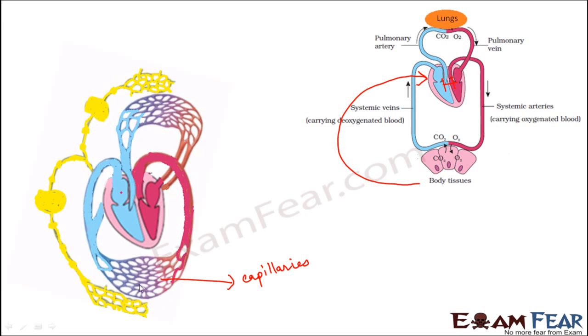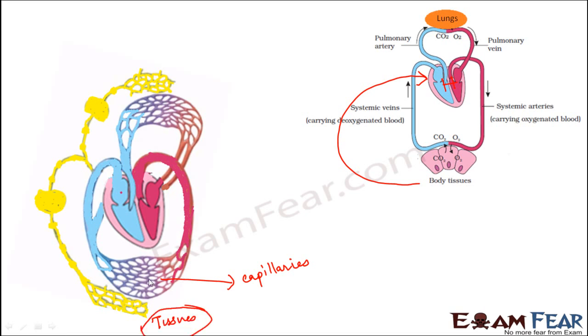Now this is the place where the leakage happens. Some portion of the blood plasma or the white blood cells leak out. Whatever gets leaked out enters the lymphatic system. And this yellow colored thing which you see here is the lymphatic system. So the lymphatic system connects the body tissues.